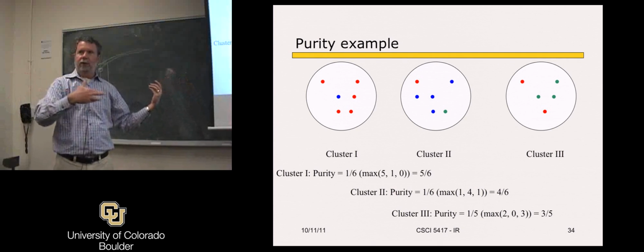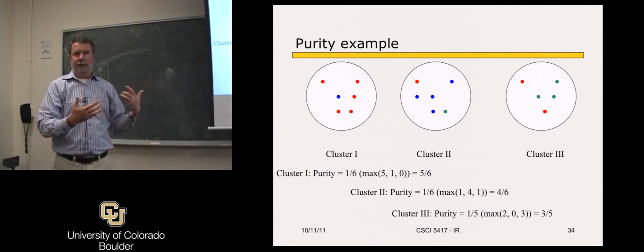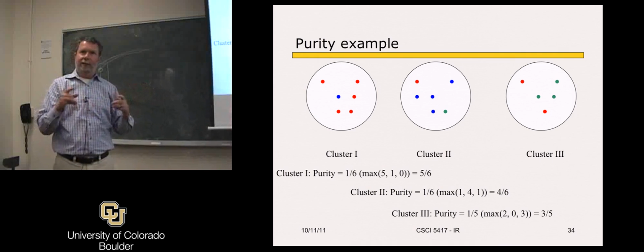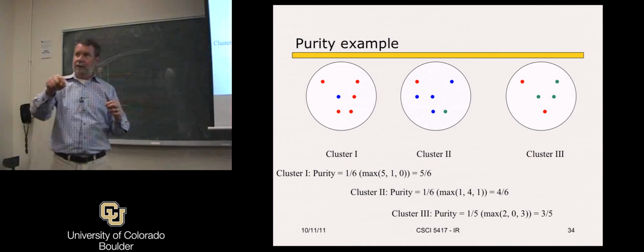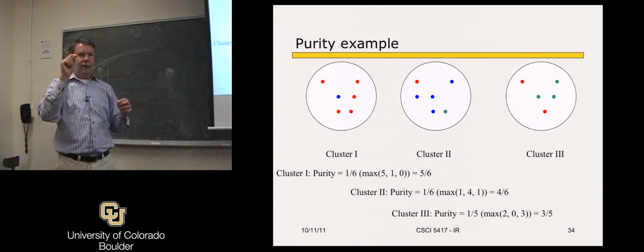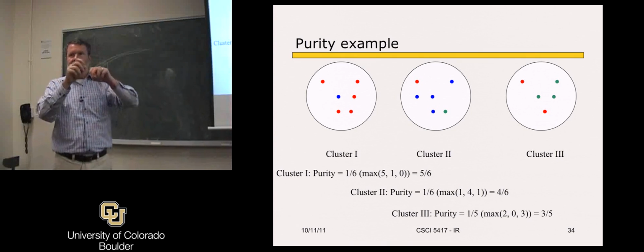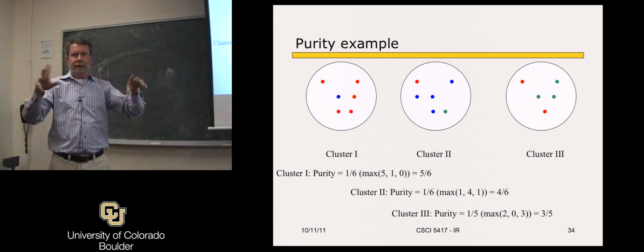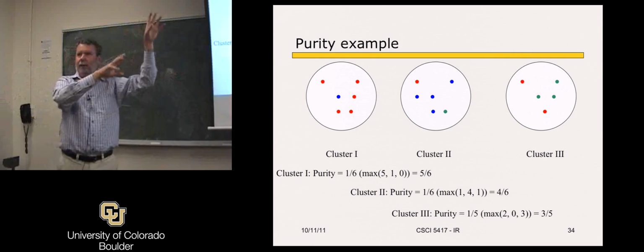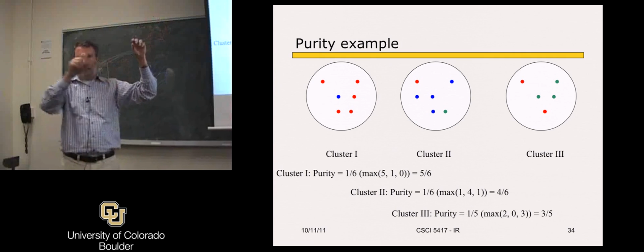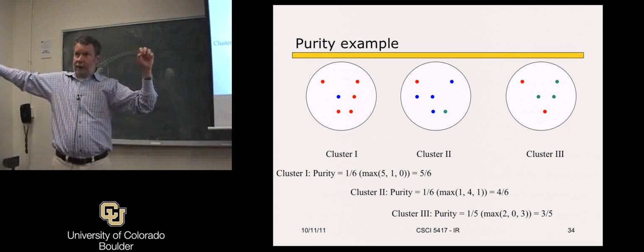So if you use purity by itself, it doesn't tell you very much if you have an algorithm that's able to choose its own number of clusters. But if you're using an algorithm where the number of clusters is fixed, then the issue is skew. Is it trying to put the same number of items in all the clusters, or is it loading up one cluster with a lot of things and then giving a 1 in each of the other clusters?